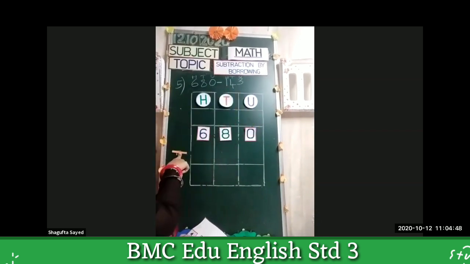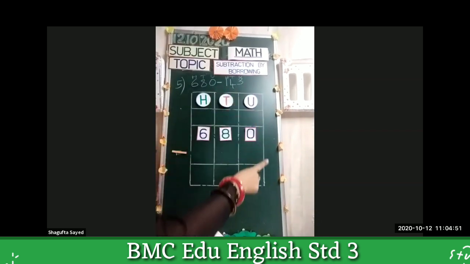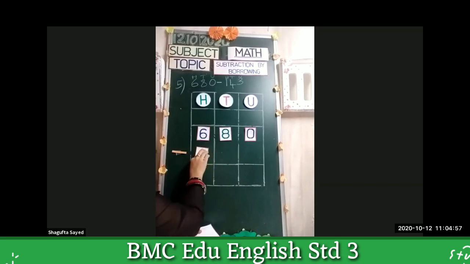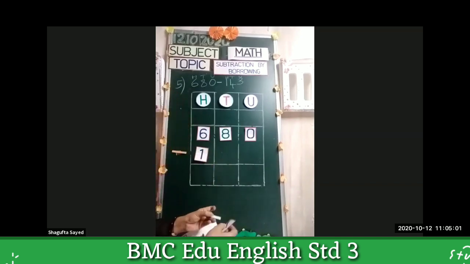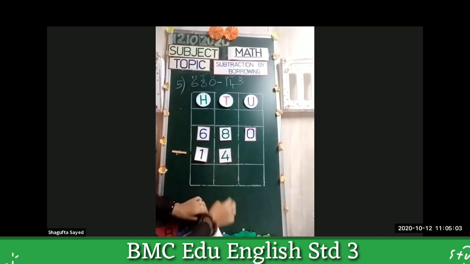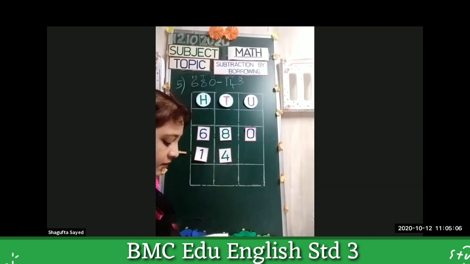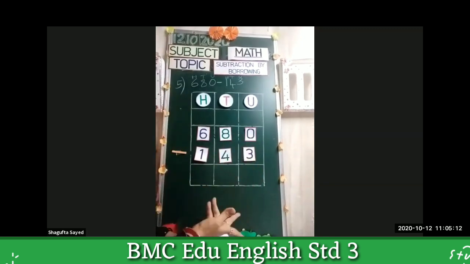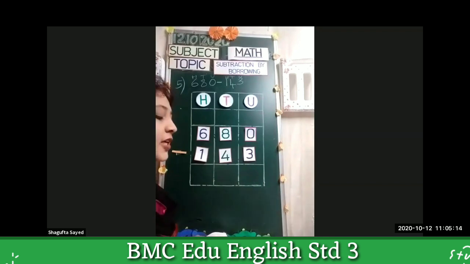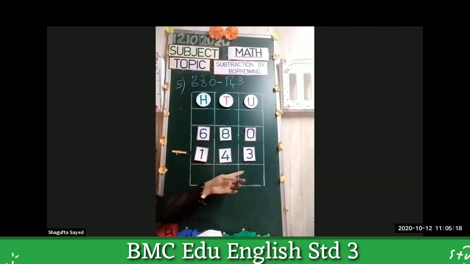Next, the minus sign is here, and 143. So we are going to write here what? 143. Okay. Now, which side do we have to start? Tell me from which side we are going to start subtracting, from hundred side, tens side or unit side?